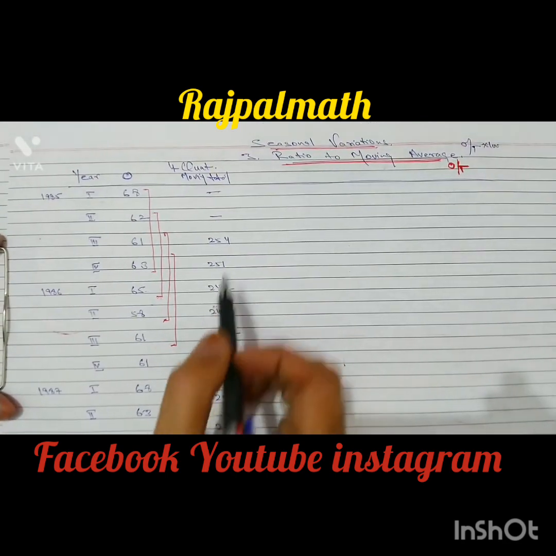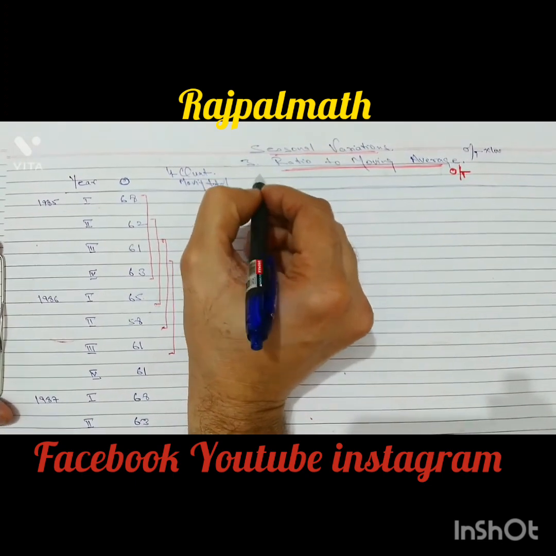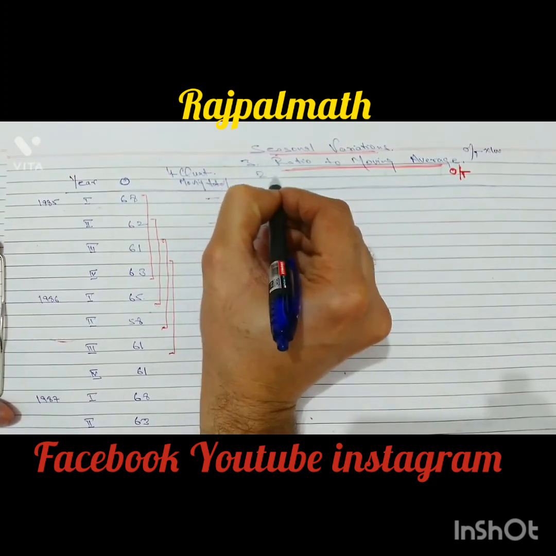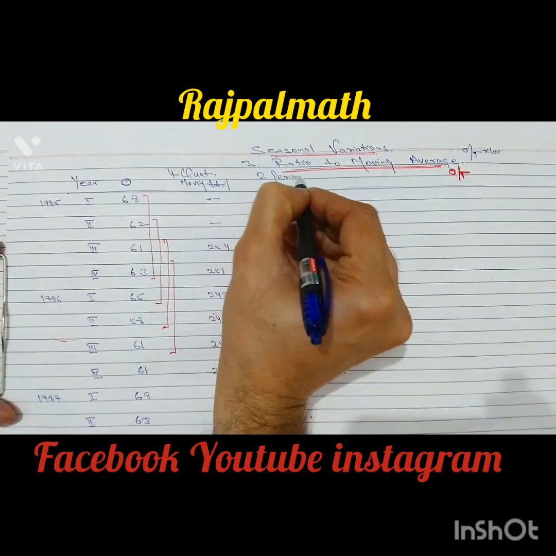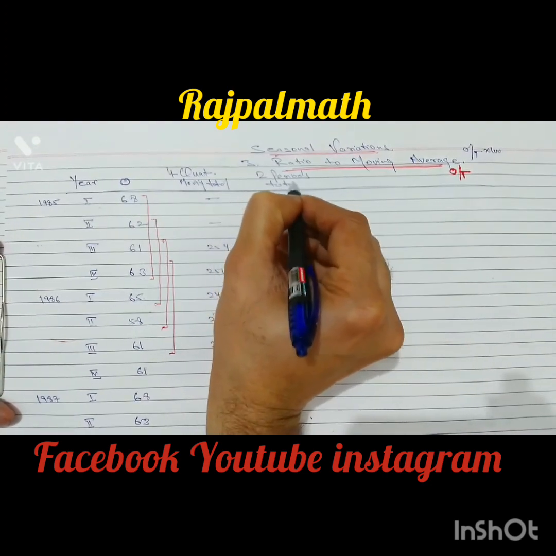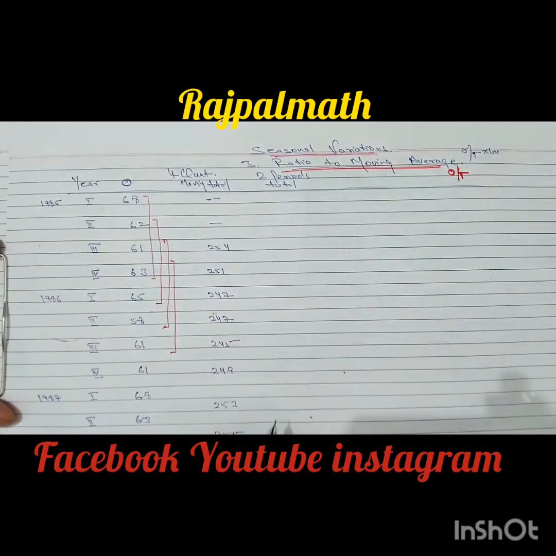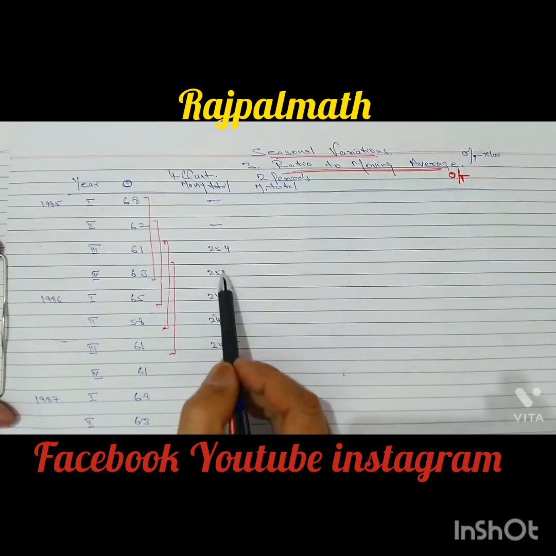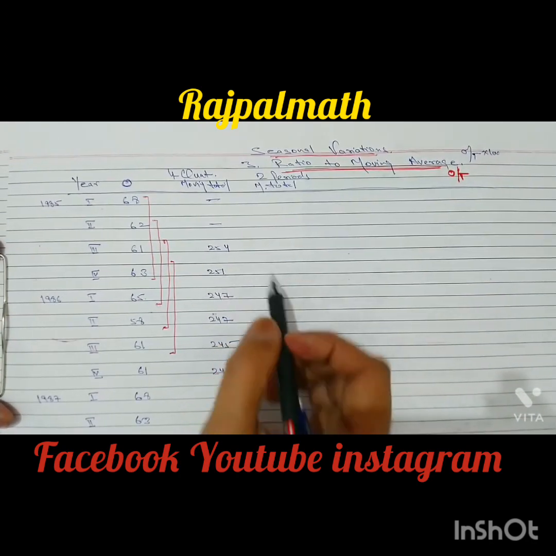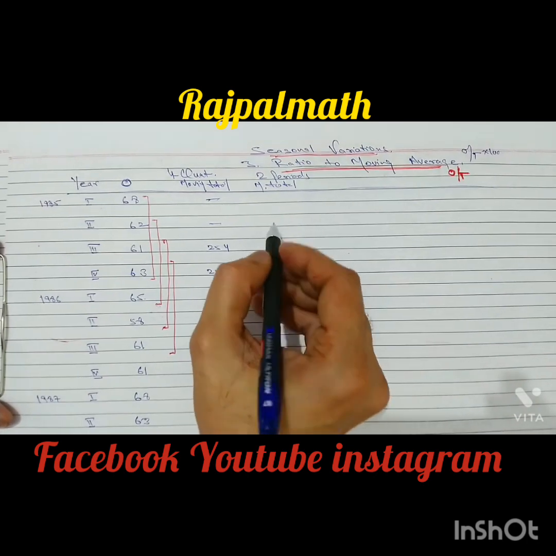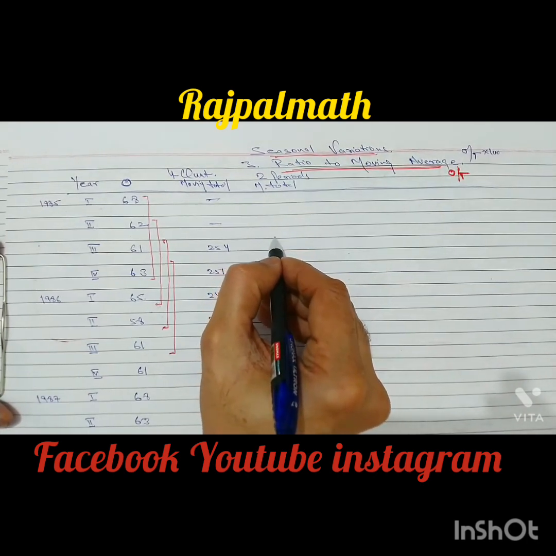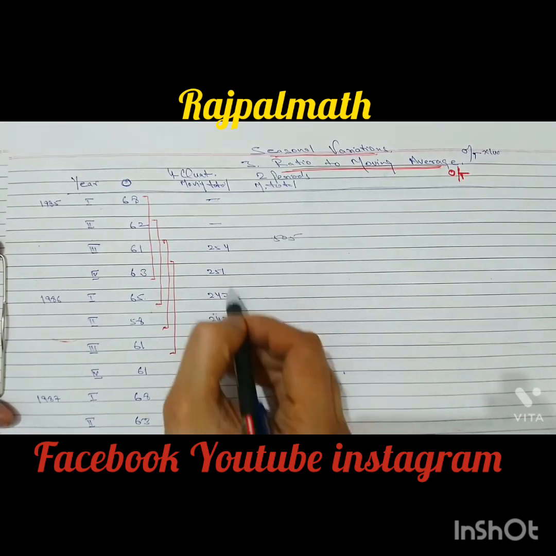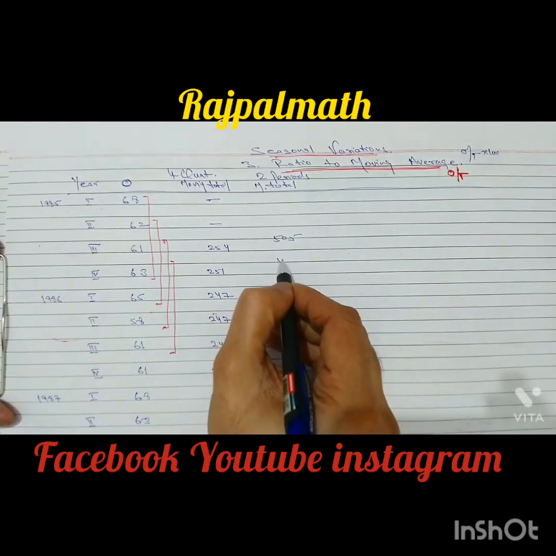Then the 2 period total. A 2 period moving total means the total of these 2 terms. The total of these 2 terms is 505. For the next 2 terms 498.